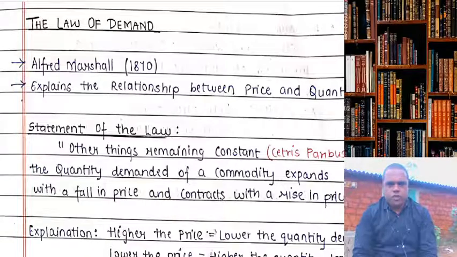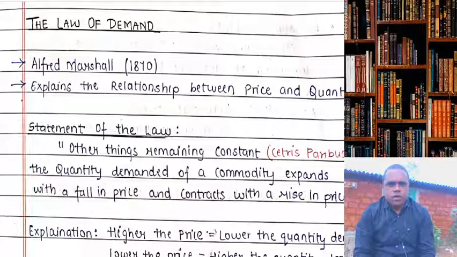So children, today we are going to focus on one of the most important laws from our economics. We have heard about it before in 12th standard. It's known as the law of demand. Children, the law of demand is attributed to none other than Alfred Marshall, in 1890, when he wrote the book Principles of Economics.